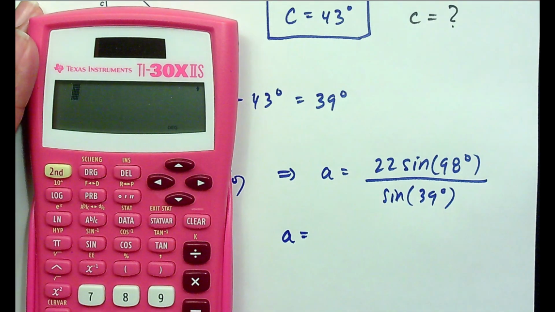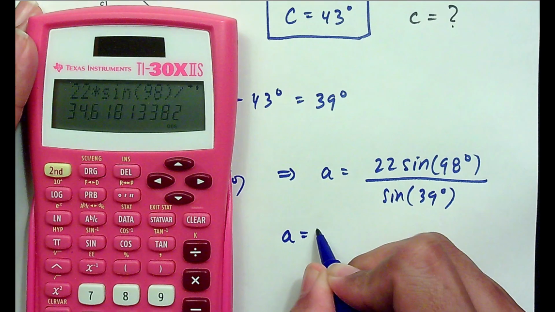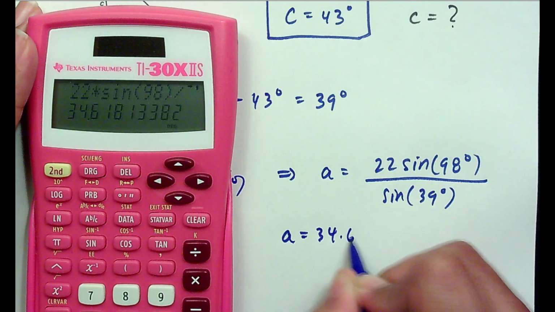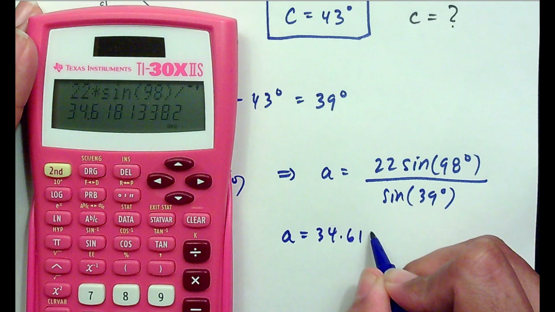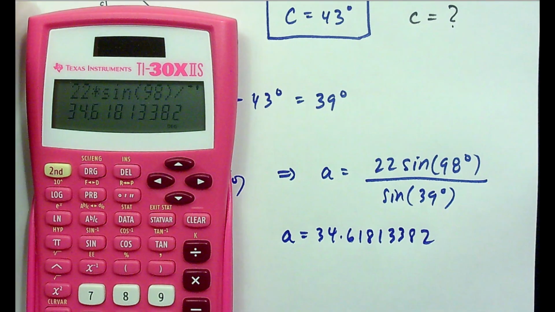Okay, 22 times sine of 98 divided by sine of 39. This is 34.61813382.